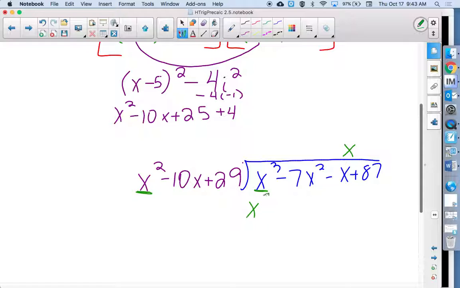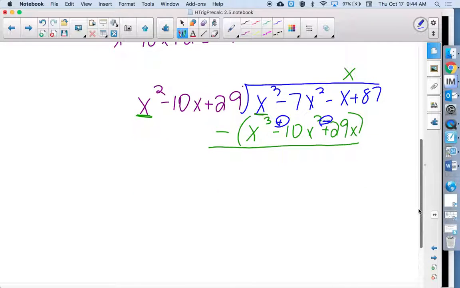And then I multiply everything by that value of x. Don't forget that you're subtracting everything. So I end up with a 3x squared minus 30x and then plus 87.